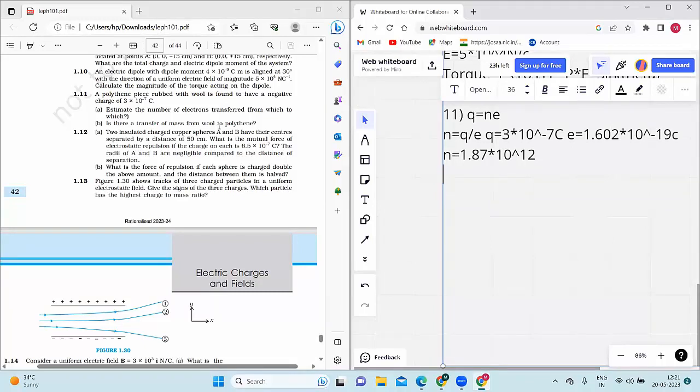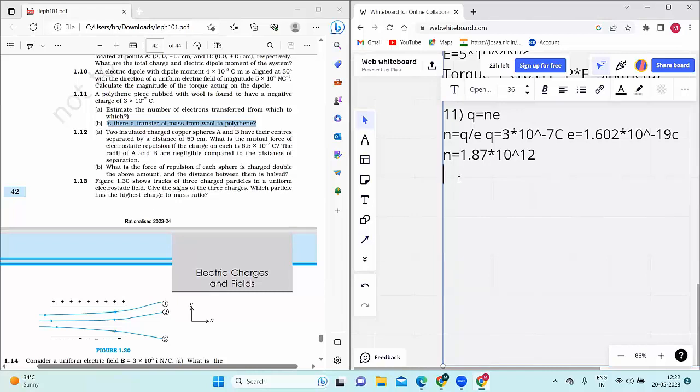Is there a transfer of mass from wool to polyethylene? Yes. As the electrons have transferred from wool to polyethylene, and electrons have some mass, 9.1 into 10 power minus 31 kg, some amount of mass is transferred to the polyethylene.